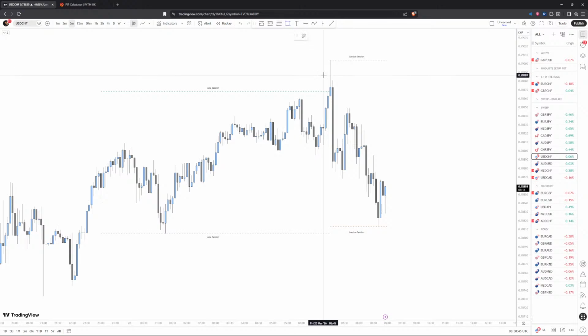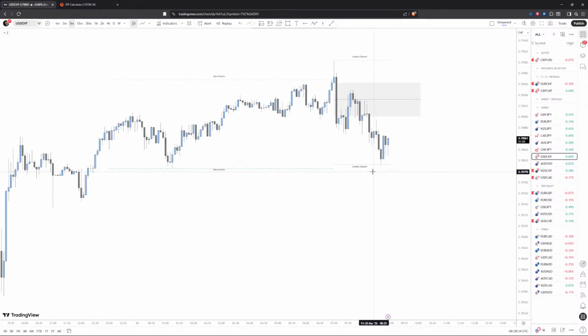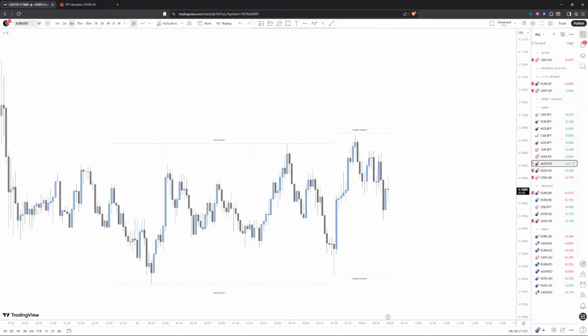Swiss franc, we've kind of delivered as well. Let's come up to this area, and then it's almost delayed delivery. So the opportunity's kind of gone here. AU, is AUD that bad that it's dropping against the dollar? It's dropping against everything else.